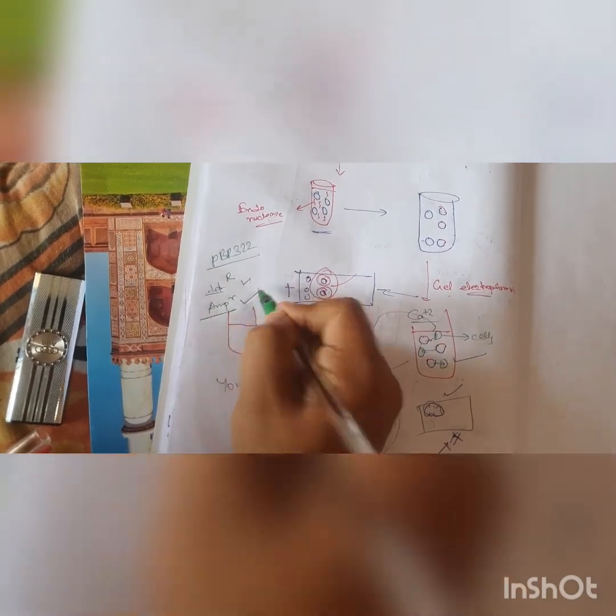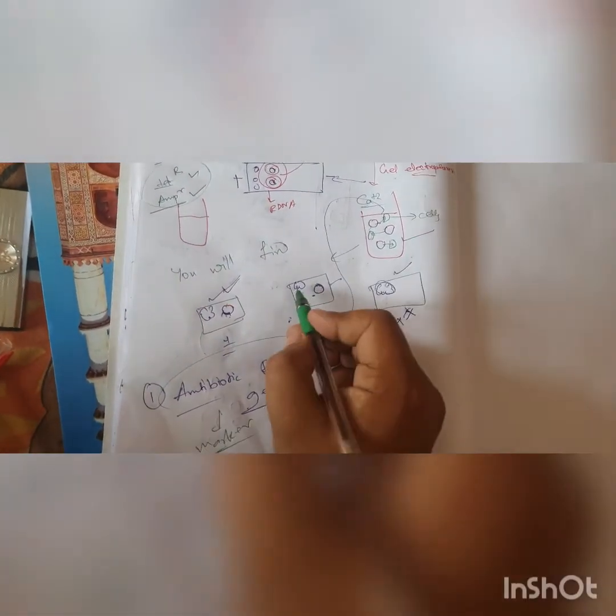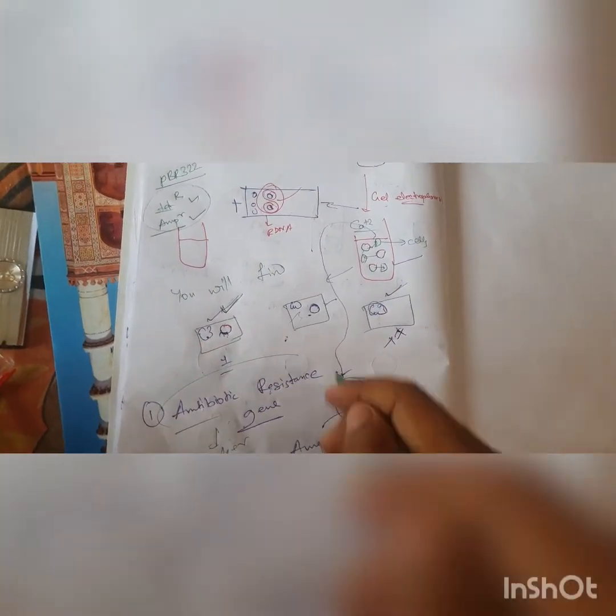And when we know there is tetracycline and ampicillin resistance gene in pBR322, I can only exploit these two. In a media I can give either ampicillin or tetracycline and expect that no other colonies will grow except these ones. So I have to be sure that from this solution only this type of cell which has taken up the recombinant DNA should be there. This shouldn't be there.